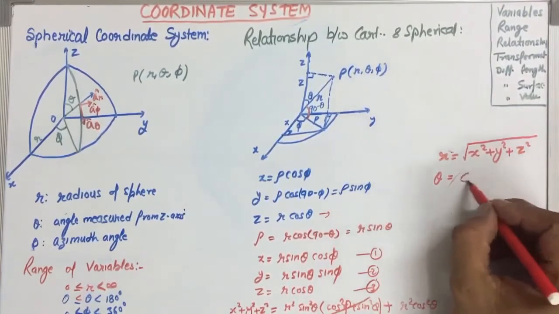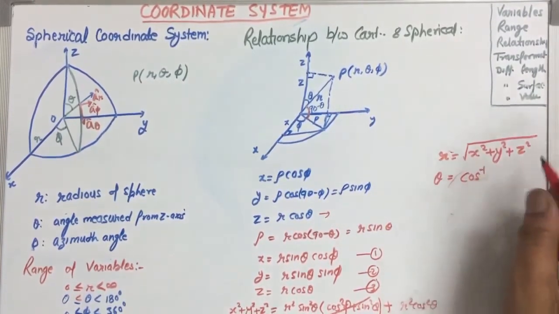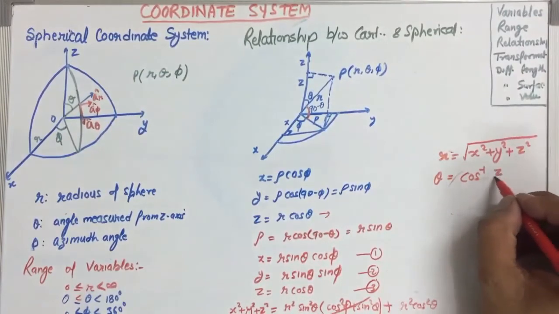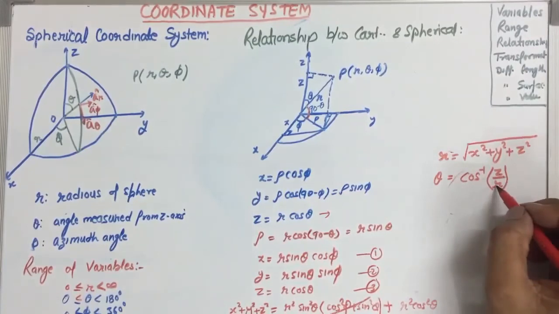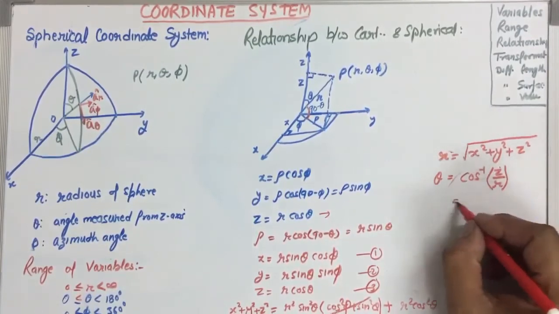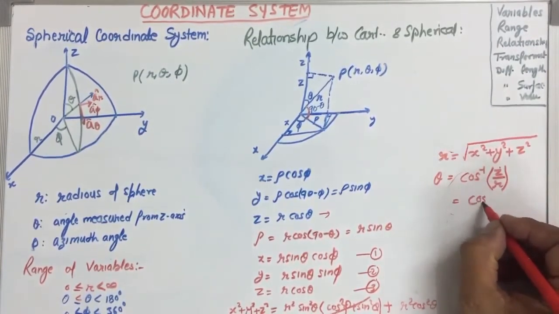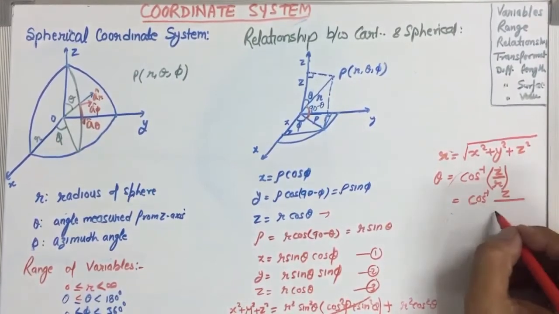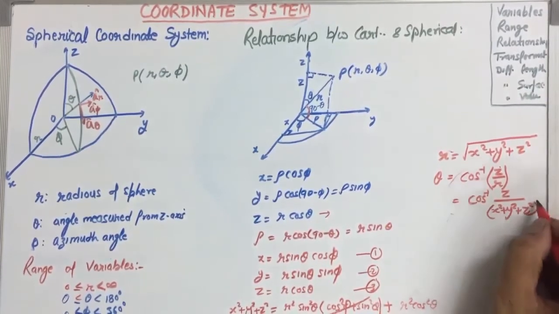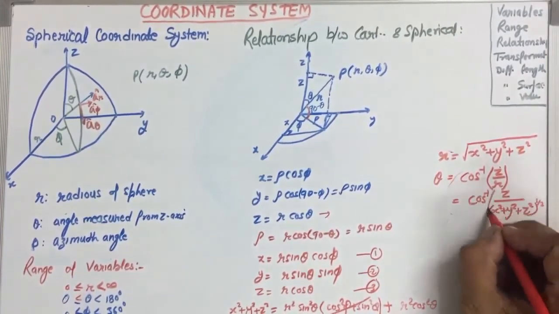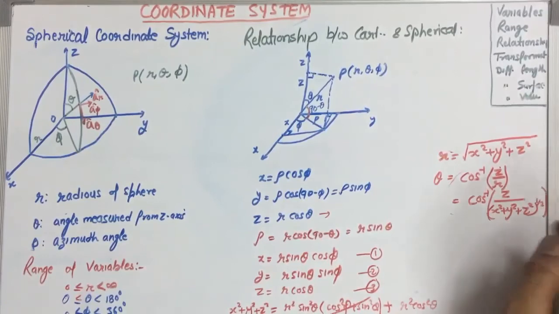Theta can be written as cos inverse z by r. R we can put from here, so that is cos inverse of z by x square plus y square plus z square whole power square root. So this is theta.